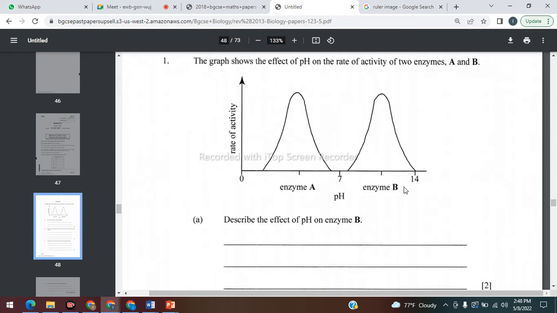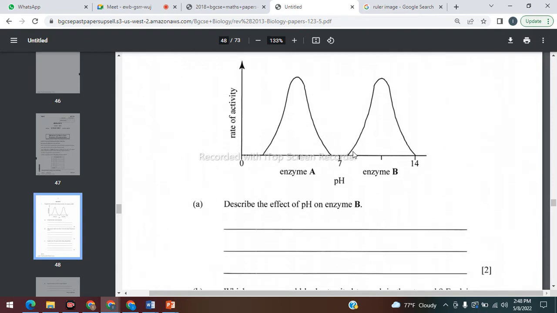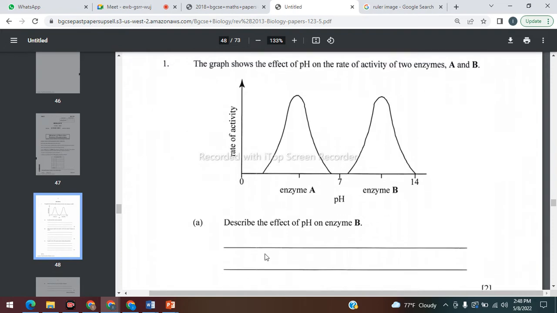If you're wrong, then we correct it. Bethel already gave his answer. I'm not going to tell you what he said. I'm going to ask you, Nancy, how would you answer this question? Describe the effect of pH on enzyme B. How would you answer that? It's 2 marks, by the way.